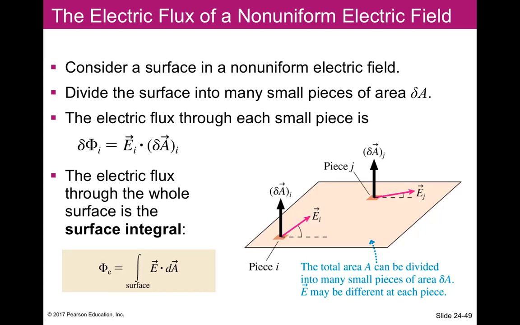Do you still remember the definition of the dot product of two vectors? If vector A dot product vector B, it results in a scalar, and it equals the magnitude of A times the magnitude of B times cosine theta. What is theta?